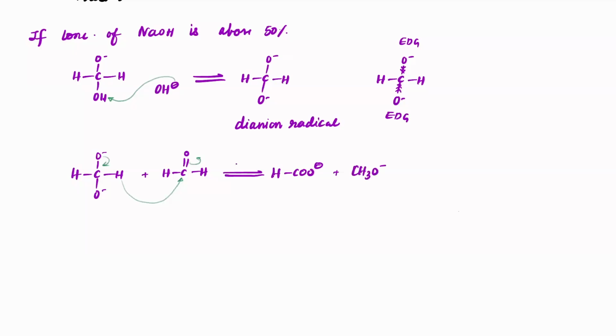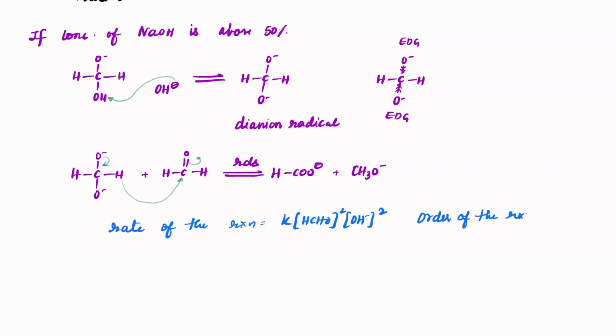This is the rate determining step now. If this is the rate determining step, what is the rate of the reaction now? The rate will be equal to some constant times aldehyde squared and OH minus squared, because 2 moles of OH minus were utilized. So the order of the reaction here is 4.